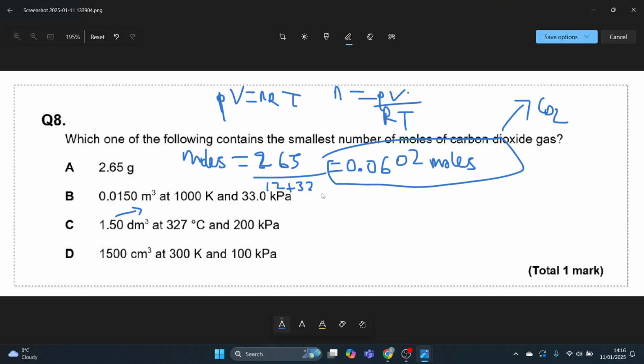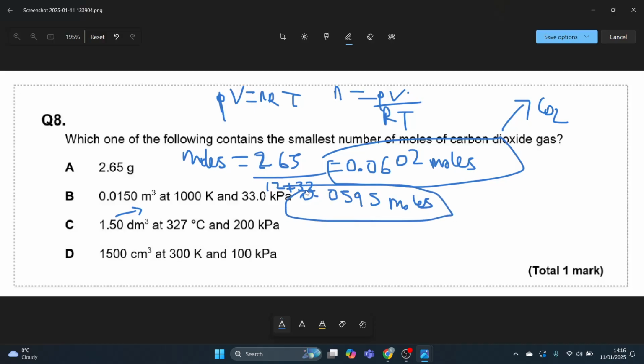It's going to be pressure in pascals times by volume 0.0150 meters cubed, volume measured in meters cubed in the ideal gas equation, divided by 8.31 times by 1000. 0.0595 moles.